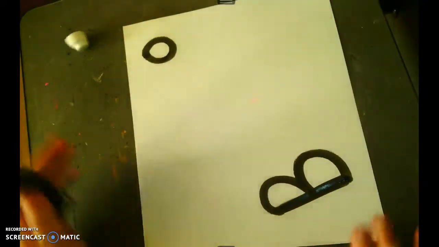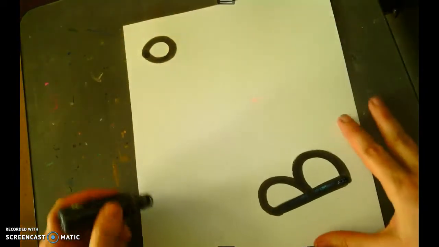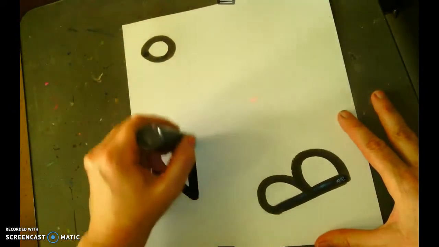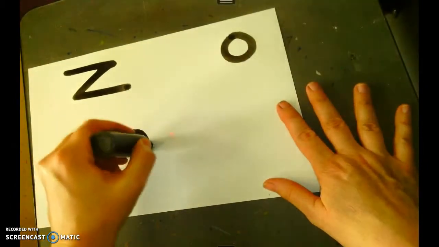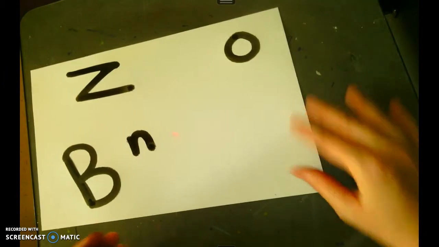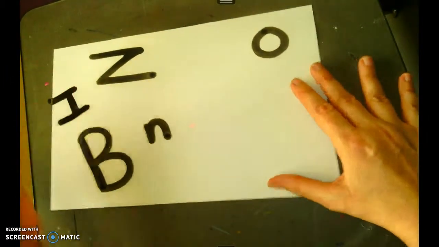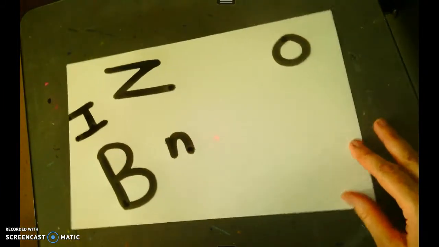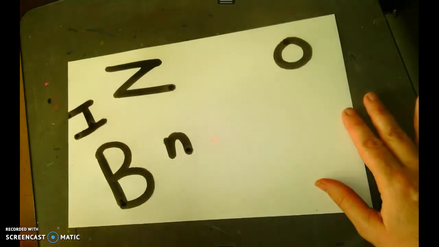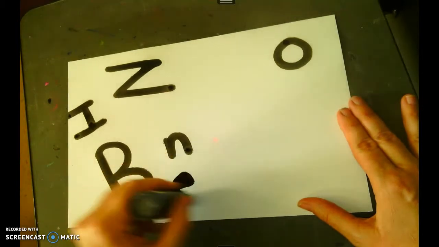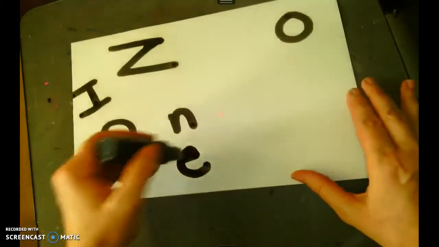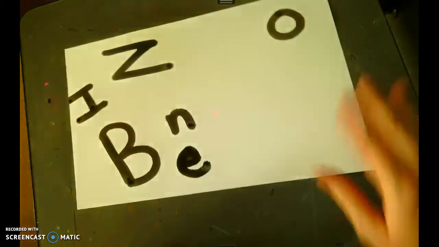And maybe I want to flip my paper this way, and I want to put a capital N. And then maybe I want a lowercase n right here. And then I have an I, and I think I want to do a capital I. And then I have an E, and I think I want to do a lowercase e right here. It looks like a C, but that's okay.